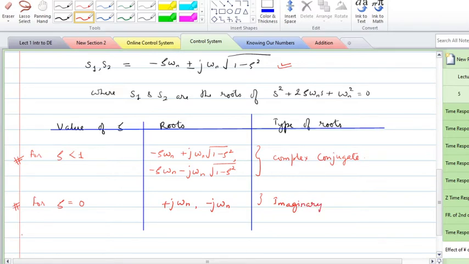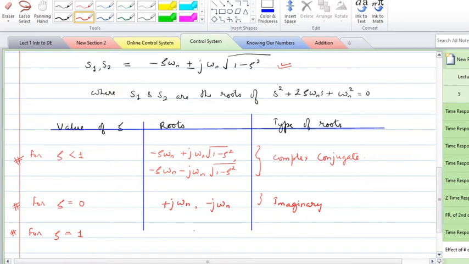Third, for zeta equal to 1, what will happen in this case? Zeta equal to 1 will result in two repeated real roots.